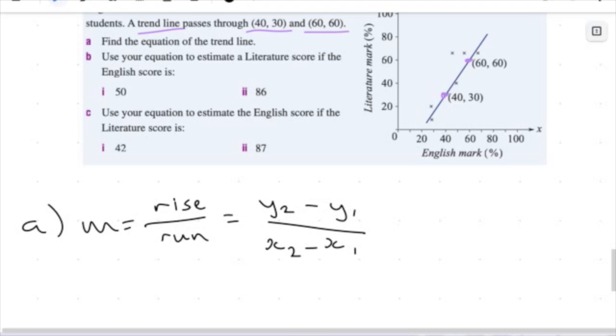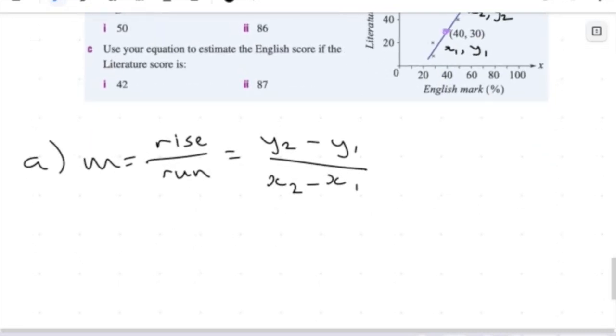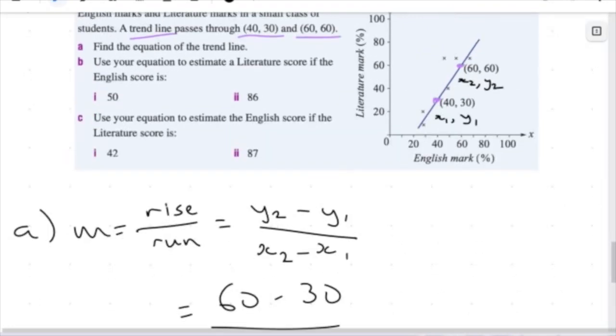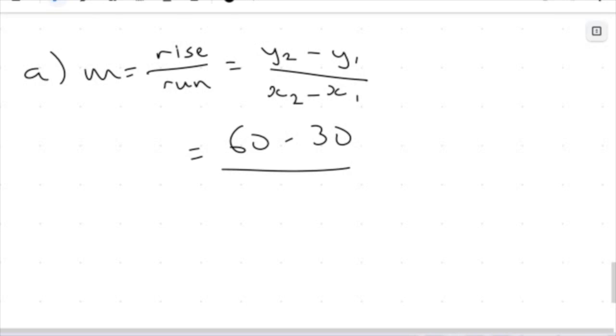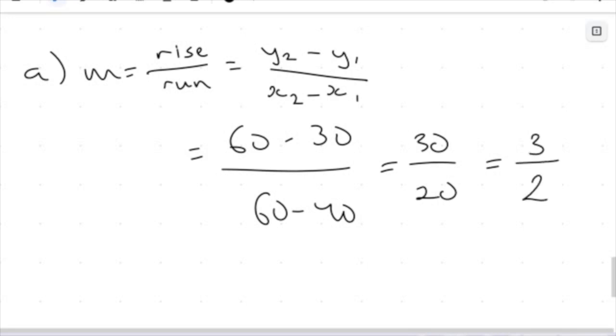So let's just say this one is y2 and this one is y1, and that's x2 and x1. Okay, so substituting that in, we're going to get (60 minus 30) over (60 minus 40). So that gives us 30 over 20, which finally simplifies to 3 over 2.